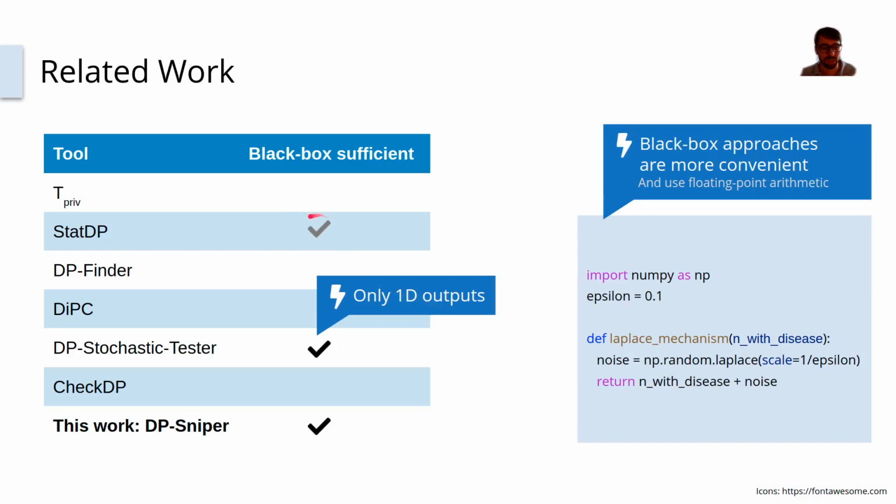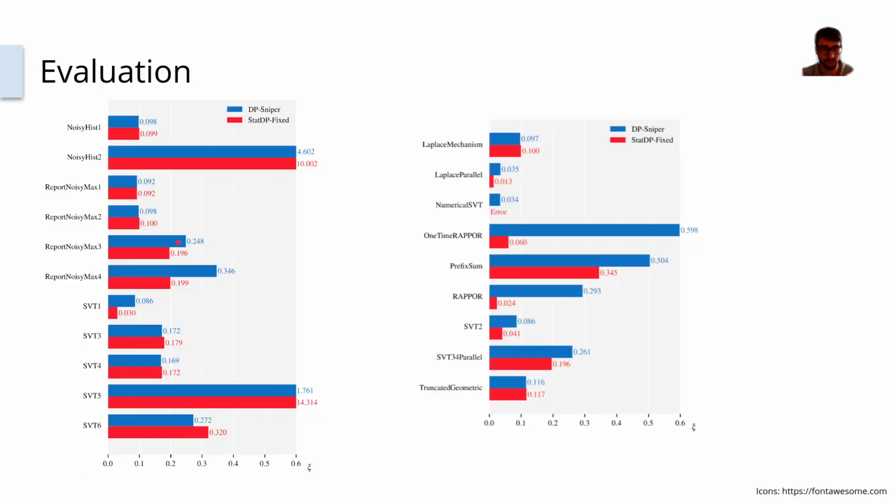Now, StatDP is grayed out here because it's only semi-black box, but in practice that's not a big concern. We can consider it as being black box, and this is why in our evaluation we compared DP-Sniper to StatDP. Now, looking into the evaluation, we see here on the x-axis the level or amount of differential distinguishability we were able to infer, and on the y-axis we see various algorithms.